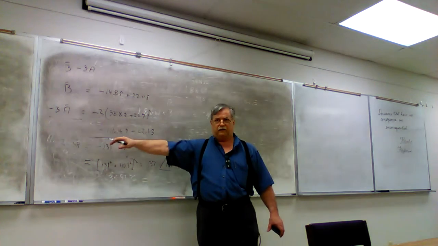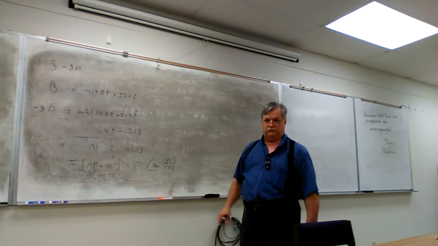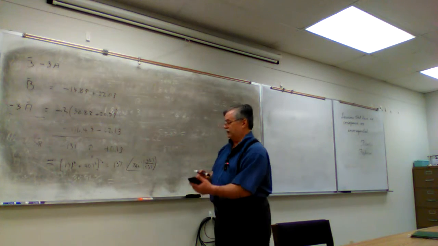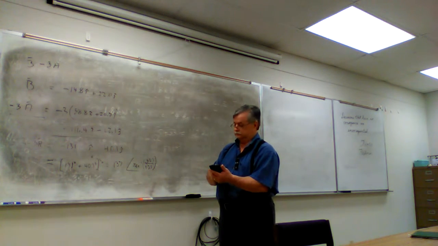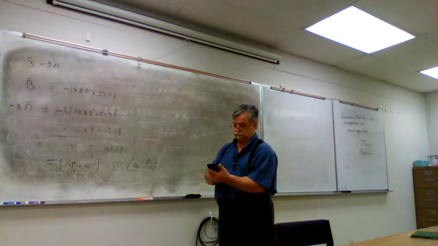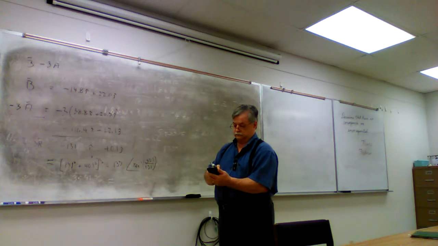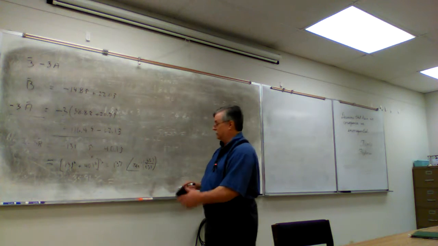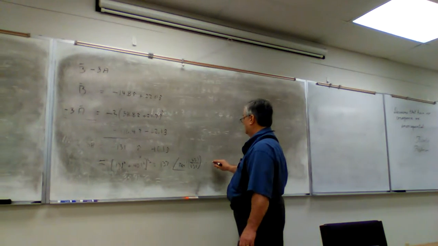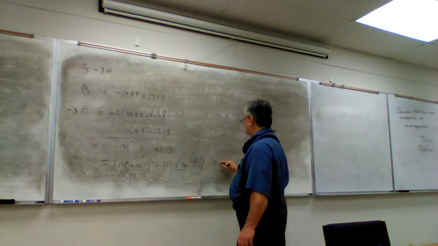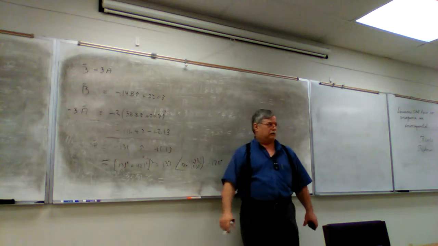So when you divide a negative by a negative, you end up with a positive. What does that give us for an angle? 17.0. Is that correct?